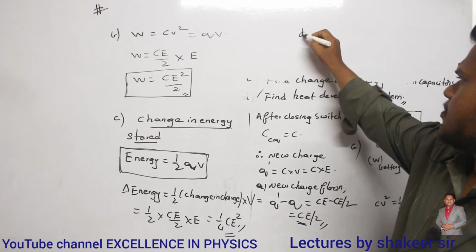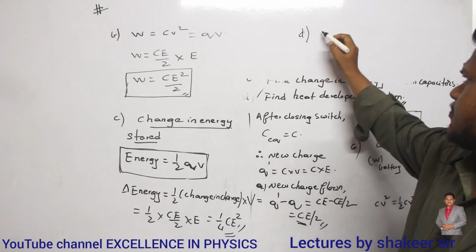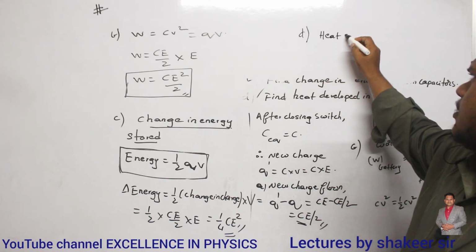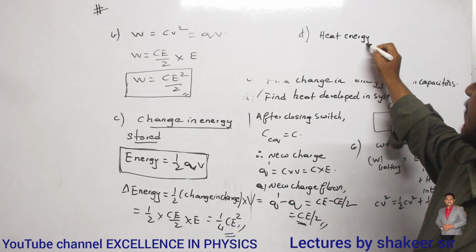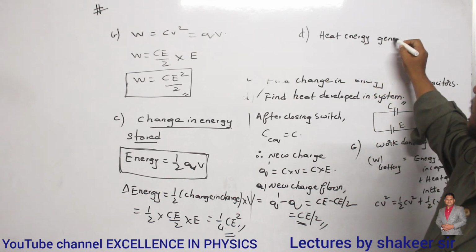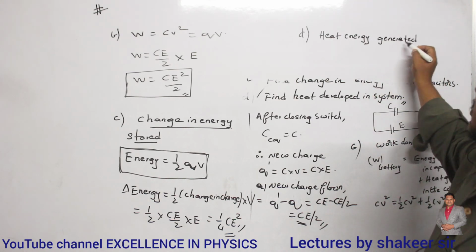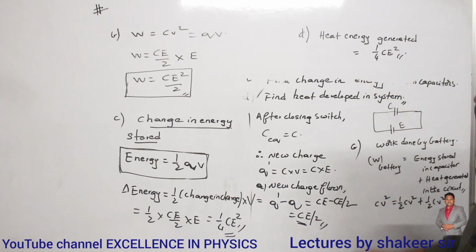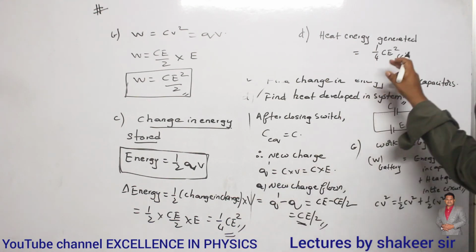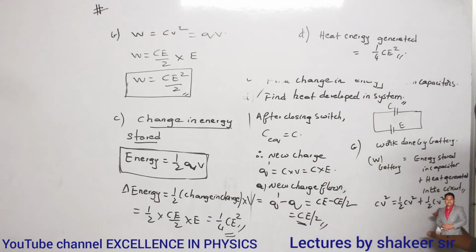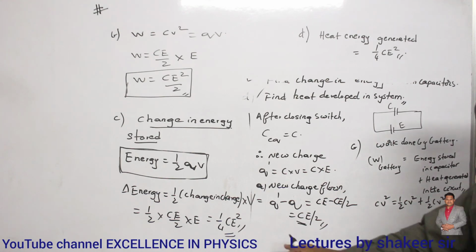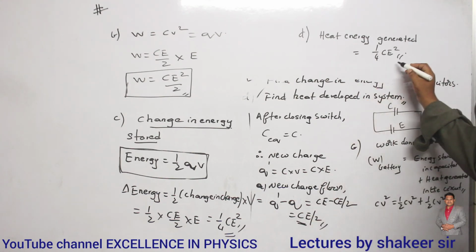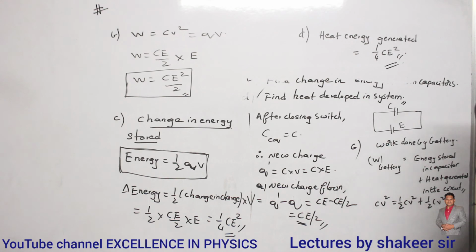So the answer for D, heat energy generated, will be 1 by 4 CE square. That is our answer, because additional energy stored and heat generated must be equal in magnitude according to this relation.